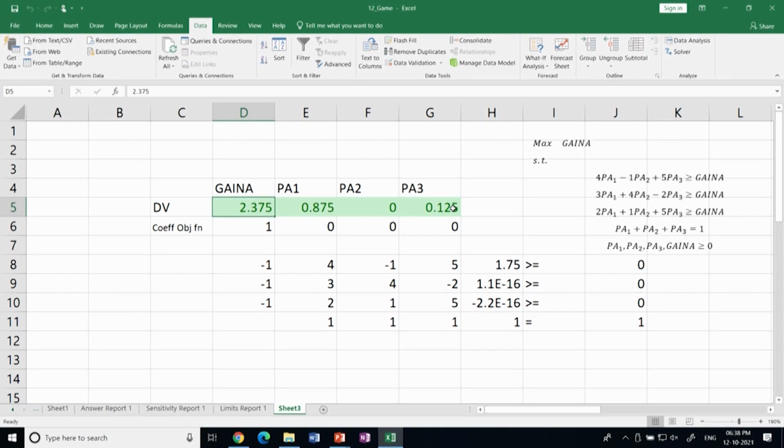So, what we are inferring from this output is that the value of the game is 2.375 if 87.5 percent of the time company A goes for the A1 strategy, and 12.5 percent of the time company A goes for A3. So, company A need not play A2. If they play with this kind of probability distribution, the gain for company A is 2.375, that is the interpretation.